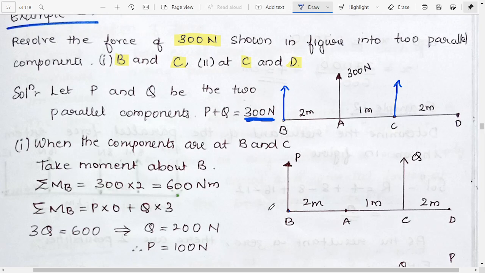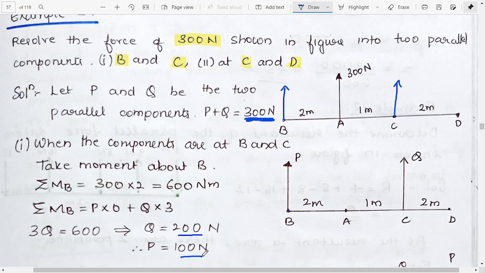And the moment about B in this case will be P into 0 plus Q into 3. So we'll get 3Q, and 3Q is equal to 600. From that we'll get Q is equal to 200 Newton and P is equal to 100 Newton.